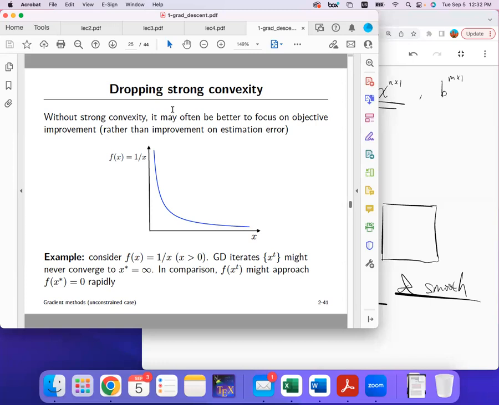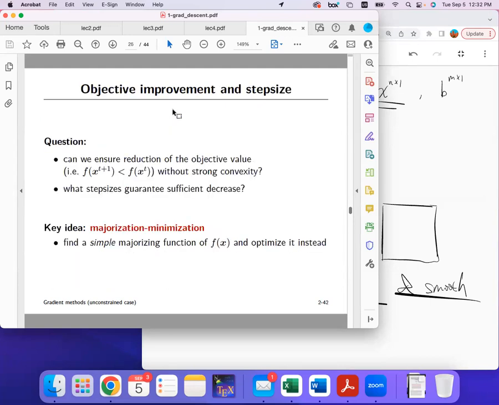So maybe we should consider the function value in this case instead of the distance to the minimizer. In this case, we don't have any minimizer. And the key idea to the analysis is that we want to develop a simple majorizing function that majorizes the objective function f(x). And we will explain this very soon.